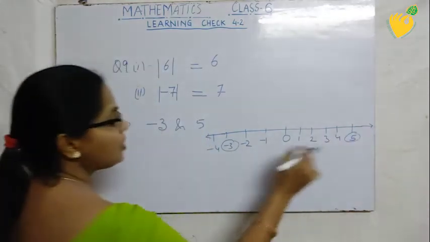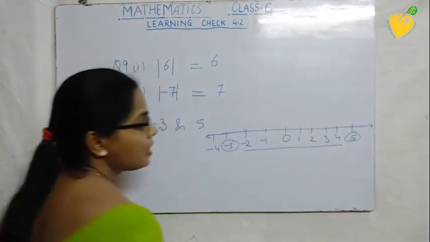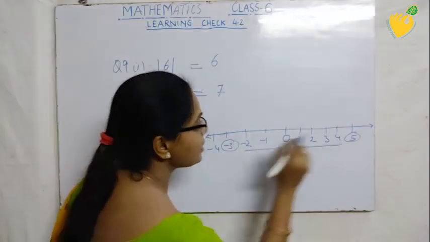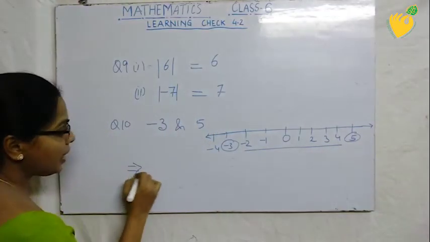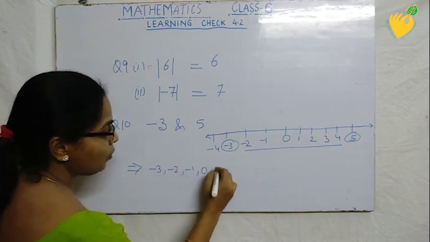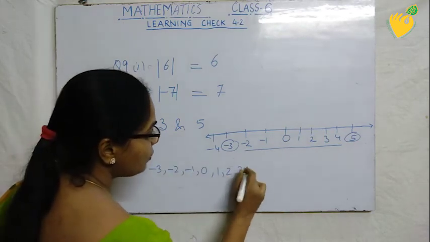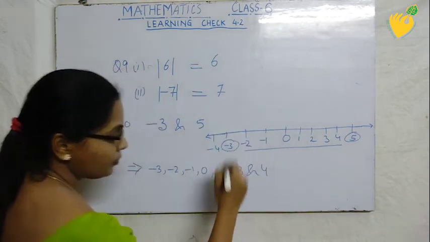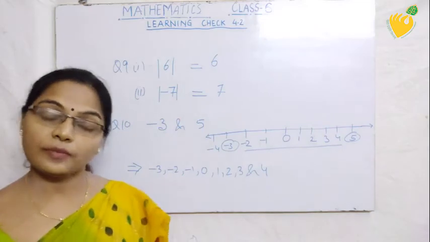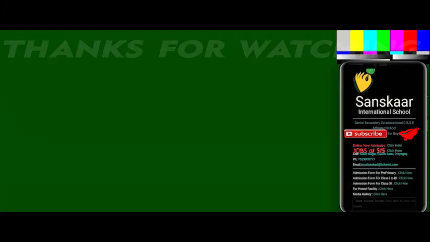So what are the limits? -3 and 5, and how many integers are there in between these two integers? 1, 2, 3, 4, 5, 6, 7. So what are those? Write them. -2, -1, 0, 1, 2, 3 and 4. That's all for this. Thank you.